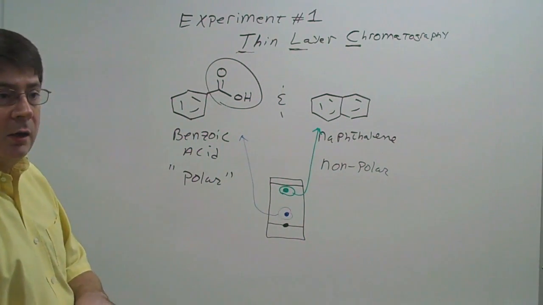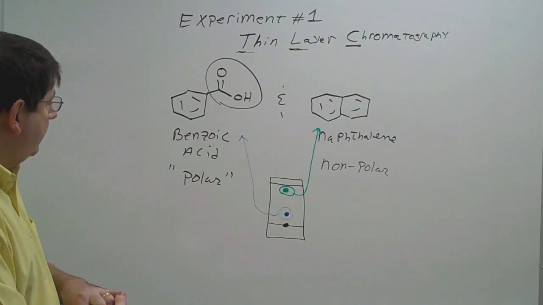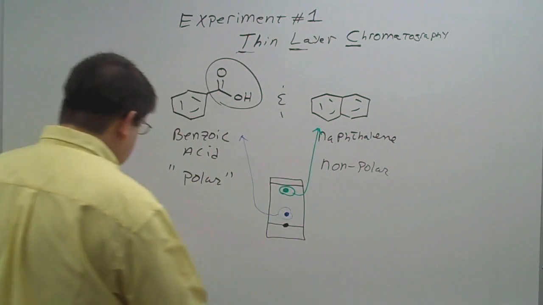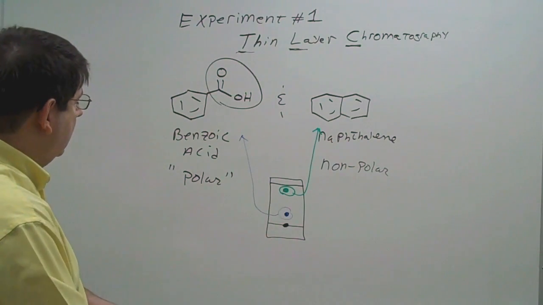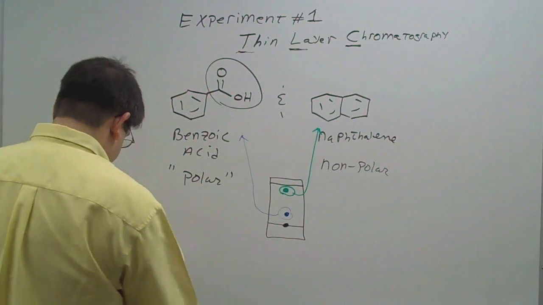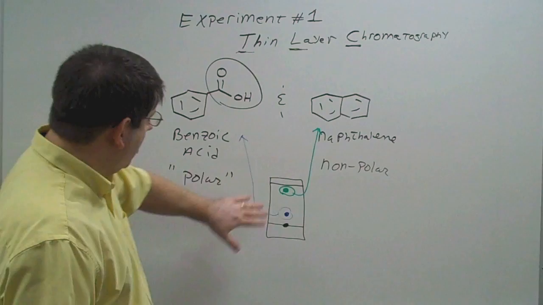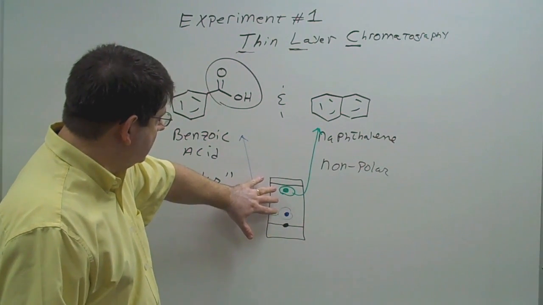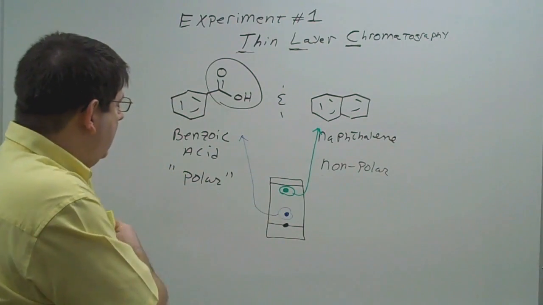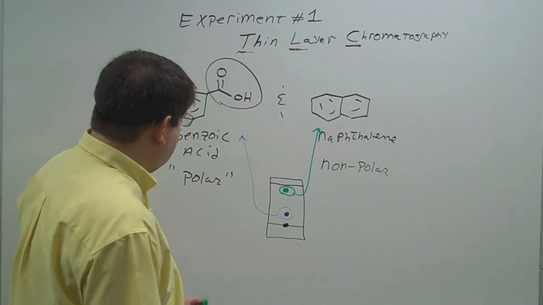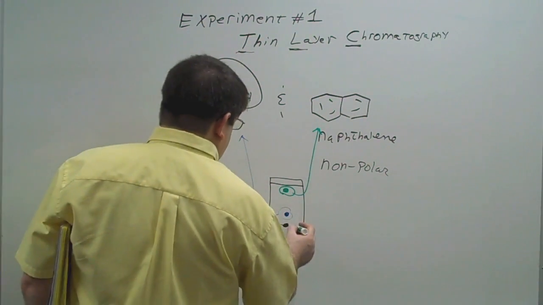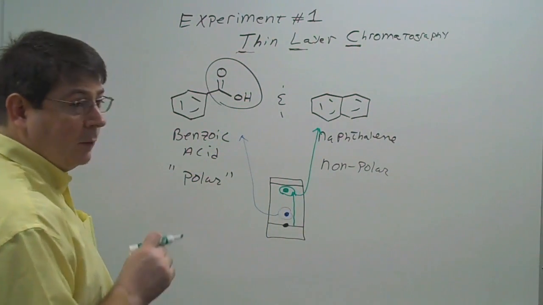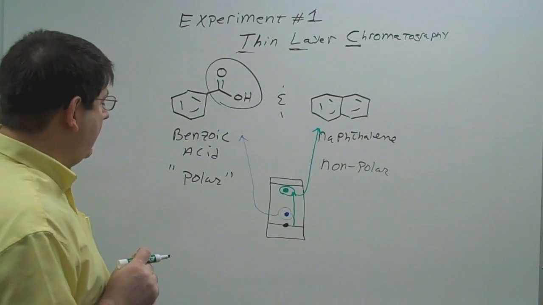It's going to stick onto the solid support, if you will, and prefer to be with the solid support and spend less time in the solvent, so it travels less up the plate. So this is what one would see after development. You would see these two spots separated by a great distance on the plate, and they would have very different RF values. So you would calculate the distance that the green spot traveled, divide that by the distance that the solvent traveled, and that would give you the RF value for the naphthalene.